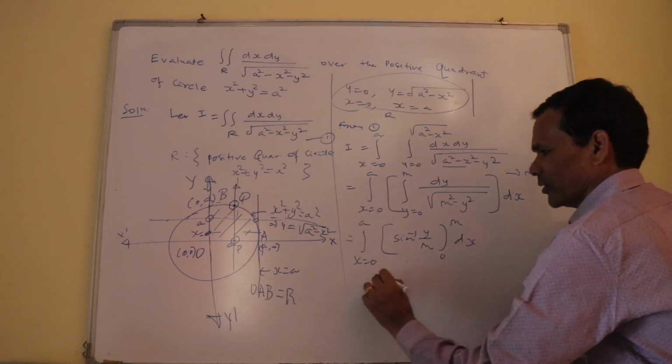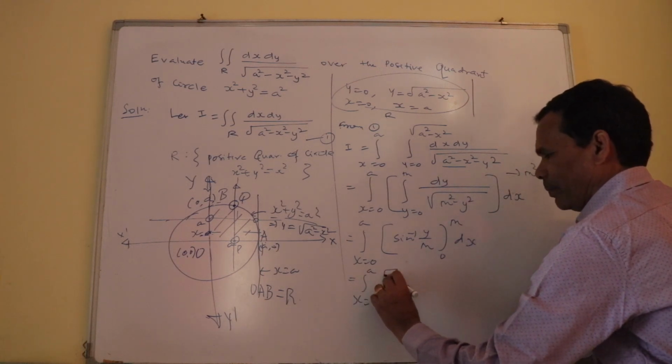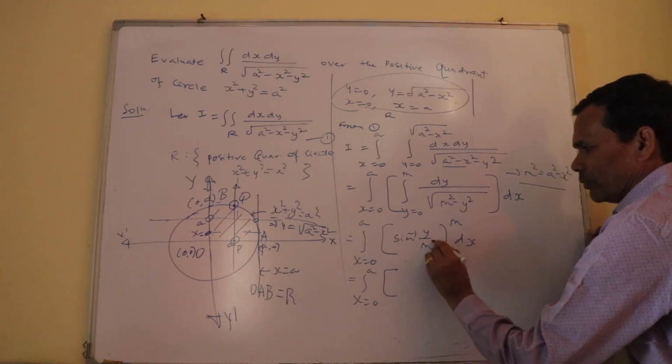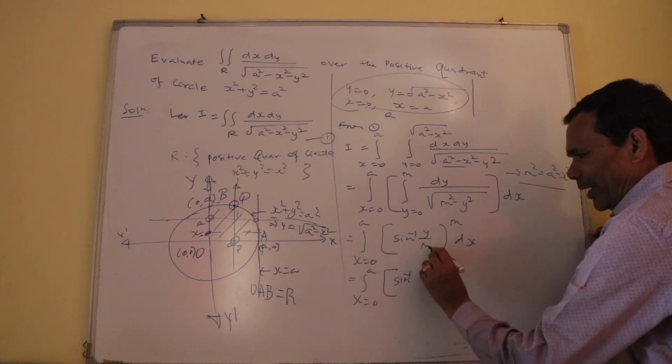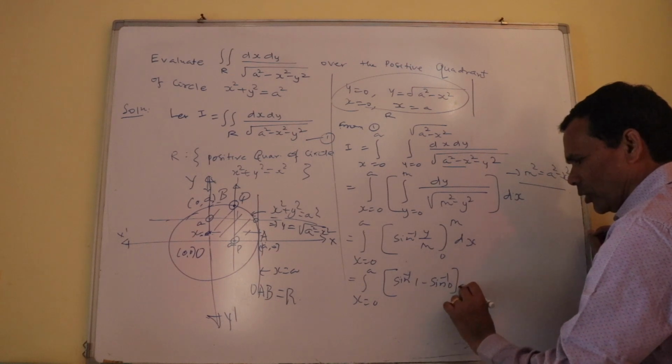So I integrate this x from 0 to a and upper limit, it is m actually. So you are getting this sine inverse m upon m is 1, sine inverse 0 is 0, into dx.